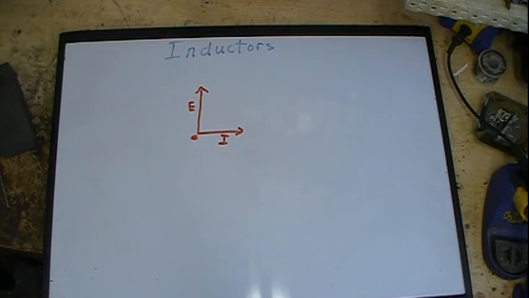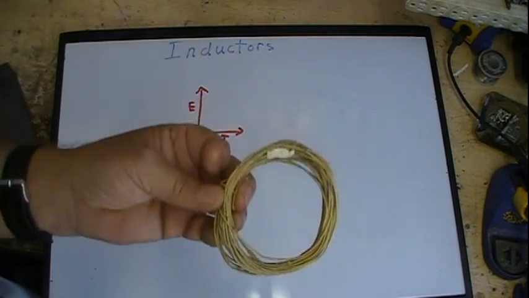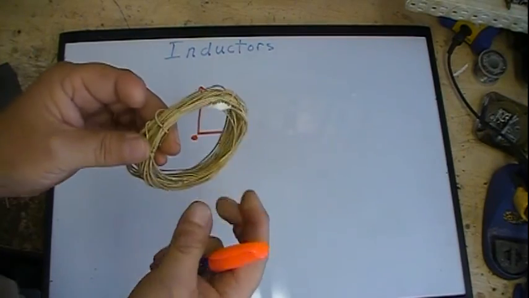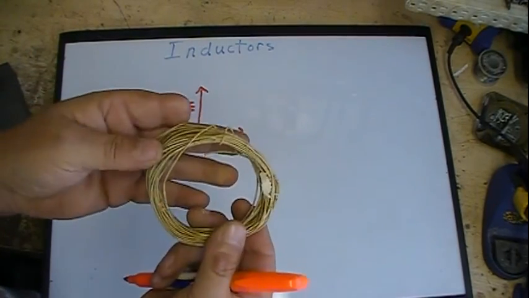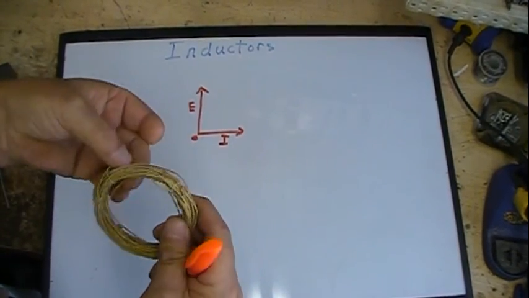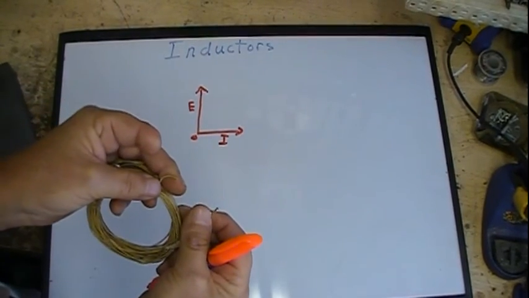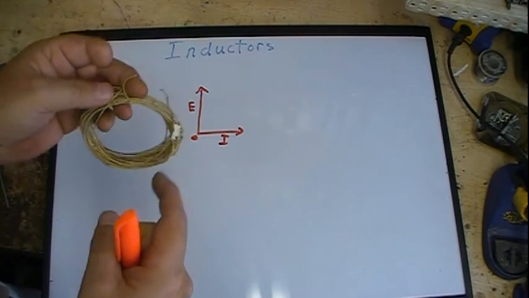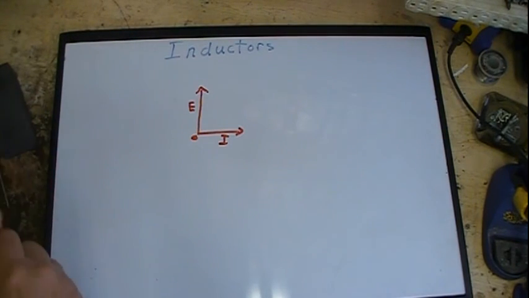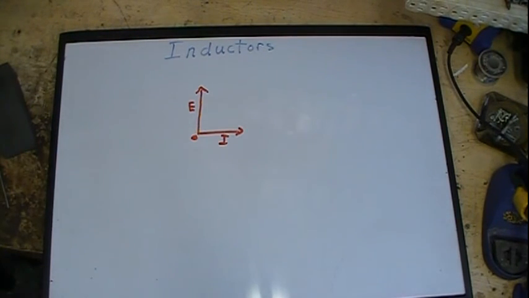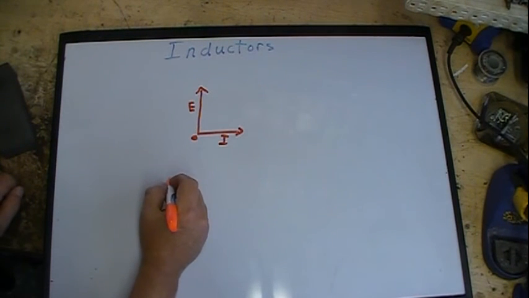So inductors have resistance. If I measured this with an ohm meter, there's a certain amount of resistance to this wire. So if I take these two leads out and hook them to the ohm meter, it's going to read a certain resistance in here. So we have to deal with, for sure, impedance with the inductor.